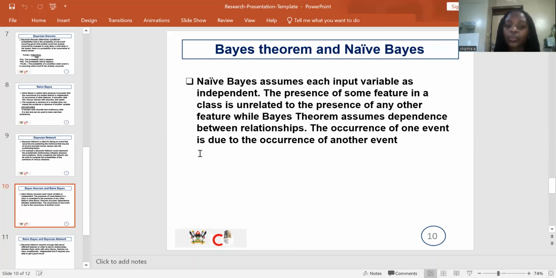It assumes that something occurs because another thing has already occurred, so the occurrence of one event is due to the occurrence of another event. Someone has cancer because she has lumps, because she has dead cells. That's what Bayes' theorem is all about.